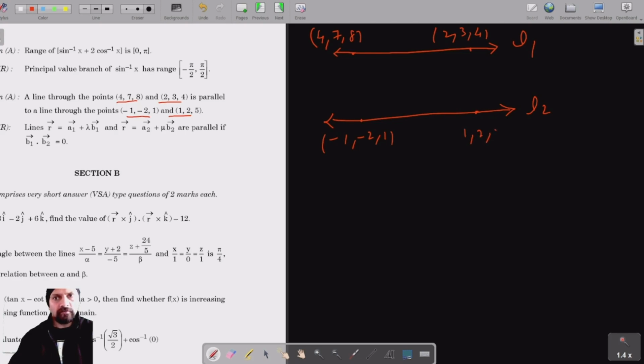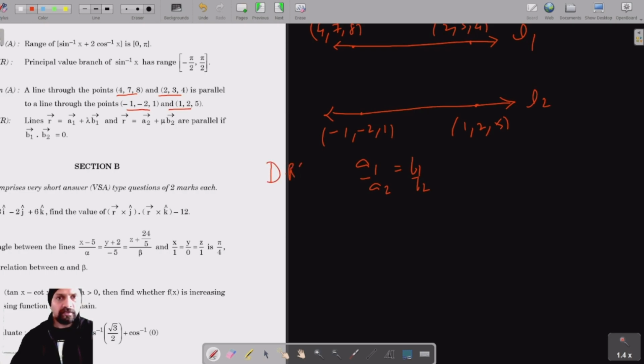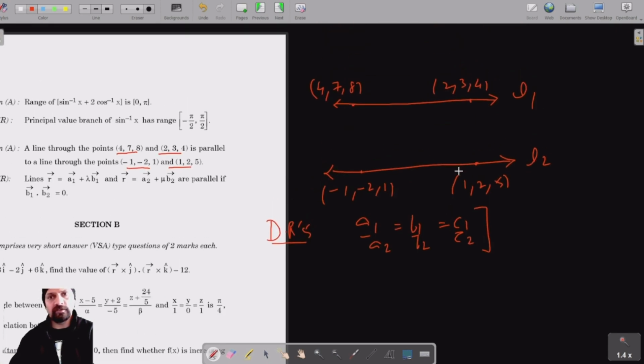If the lines are parallel, then their direction ratios should be in proportion: A1 upon A2 is equal to B1 upon B2 is equal to C1 upon C2.